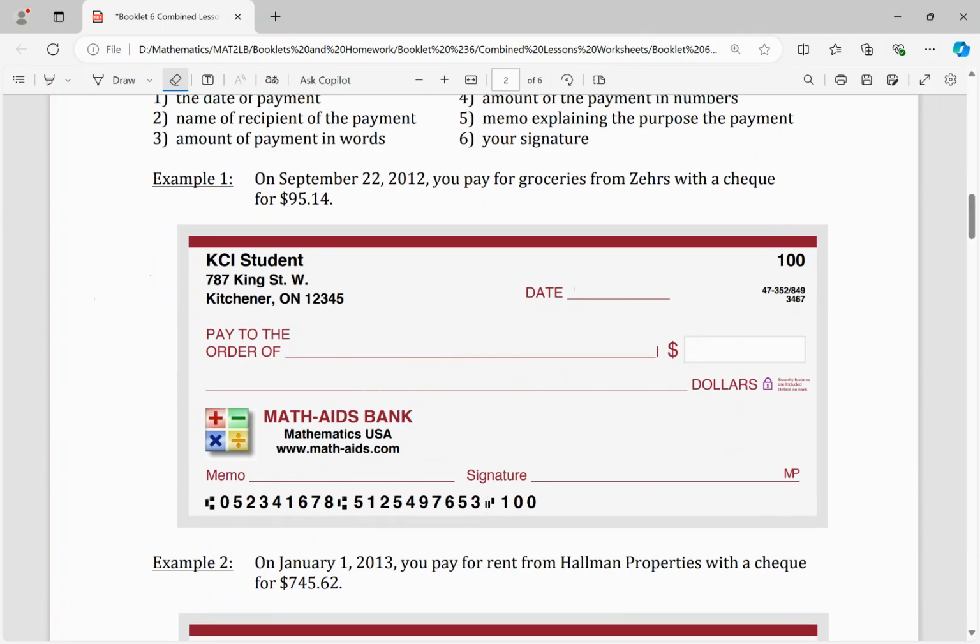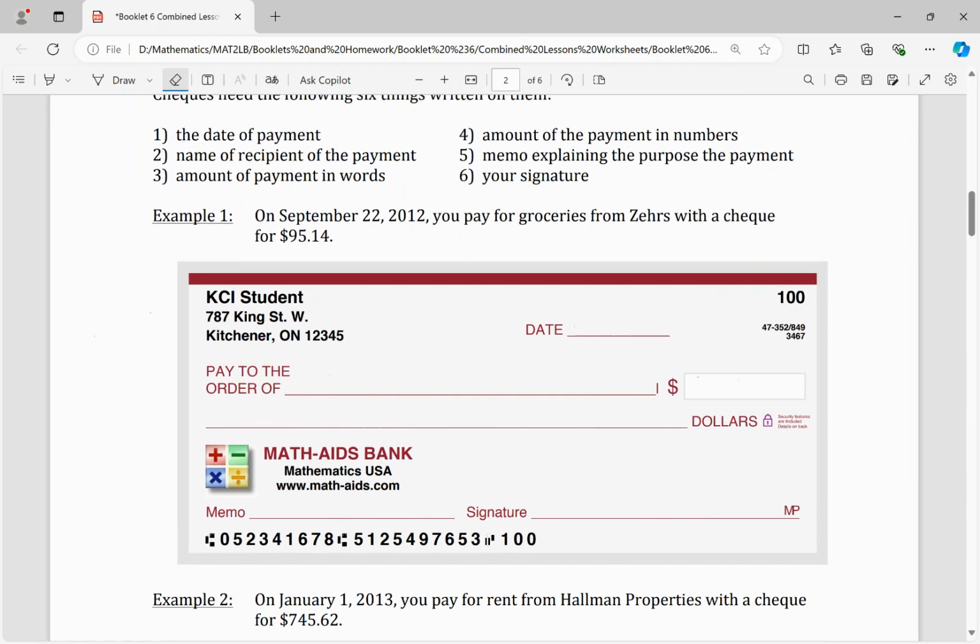Another very common reason you might use checks, if, for example, you need to make a payment for a wedding, congratulations, you're getting married next summer, you need to pay a certain institution for the food that they're catering, you need to pay the venue. All of these are going to be amounts of money that are in the multi-thousands of dollars, right? And your bank might not let you e-transfer, say, $4,000 at a time, so you might need to use a check.